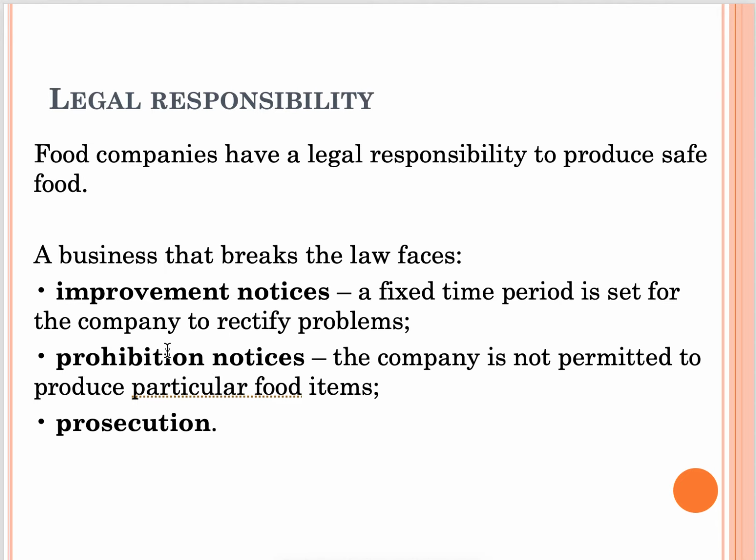Okay, so to ensure safe food, the producers must follow some regulations, some methods, some standard rules. There are different authorities, local authorities or international organizations. Local authorities means like in the USA there is the FDA, in Bangladesh we have BSTI, or international organizations such as ISO.